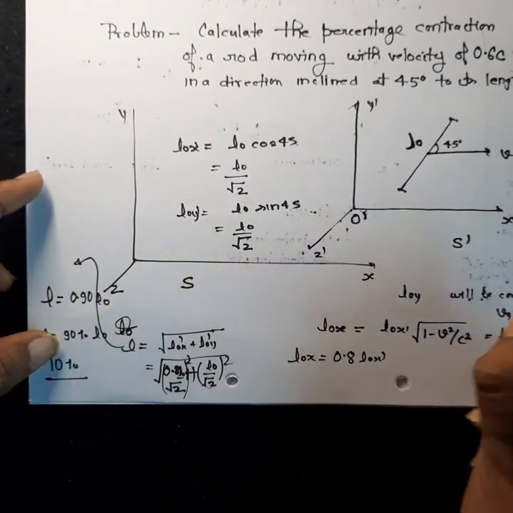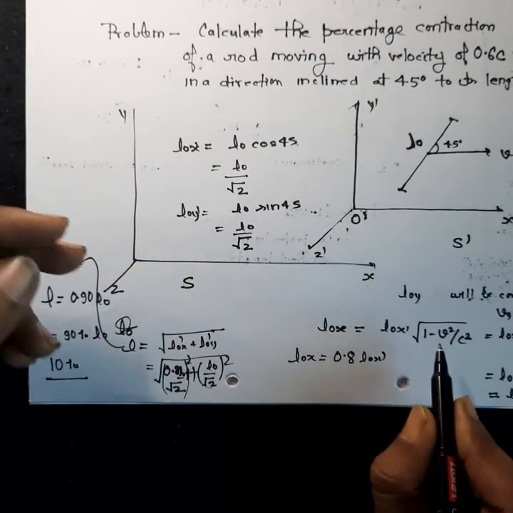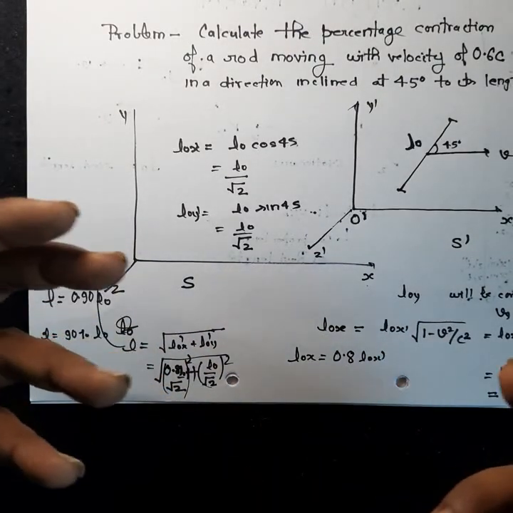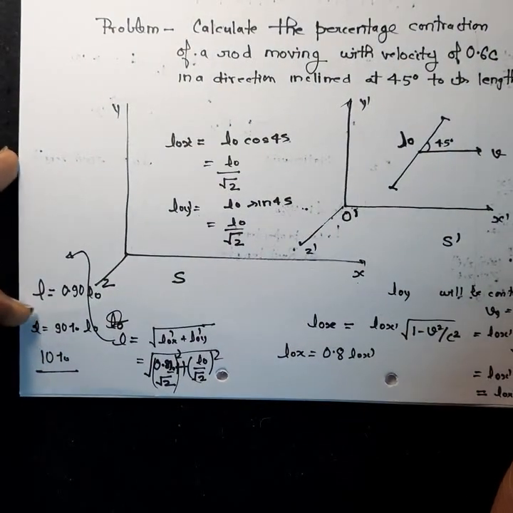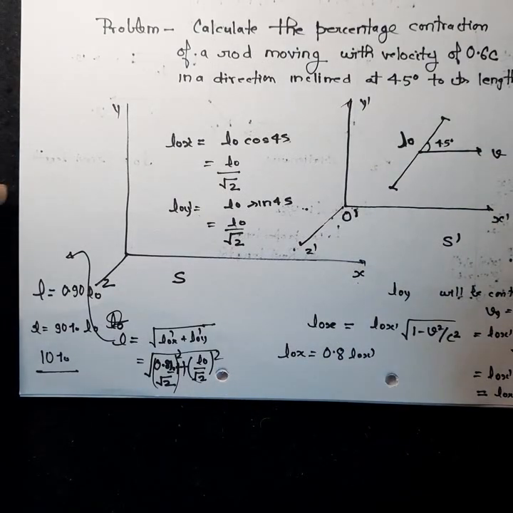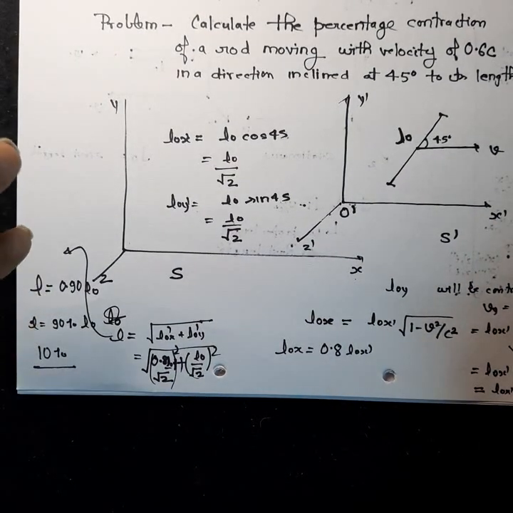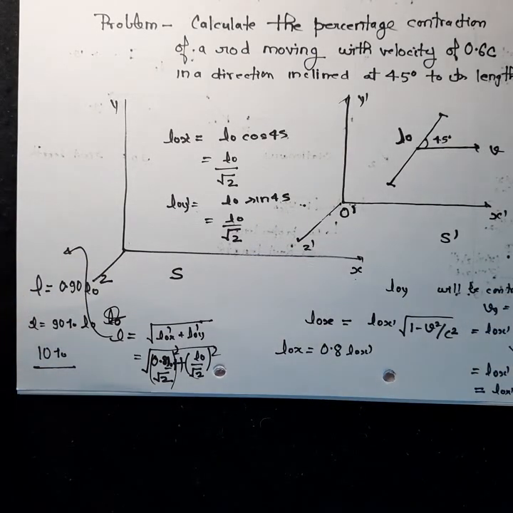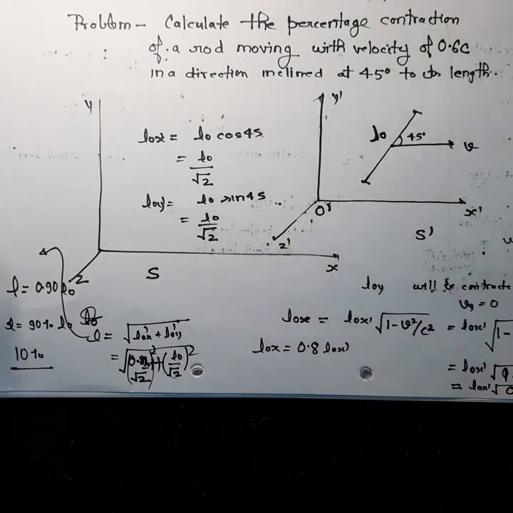When v is very small, this term can be neglected, so we don't observe any contraction. But when the velocity is comparable to the velocity of light, we must notice the contraction in length. So this is all about length contraction. Next we'll discuss time dilation.